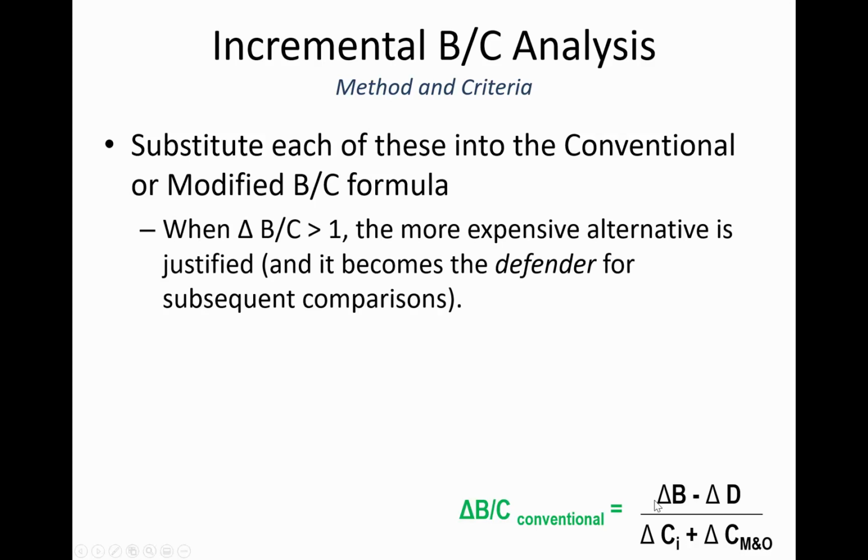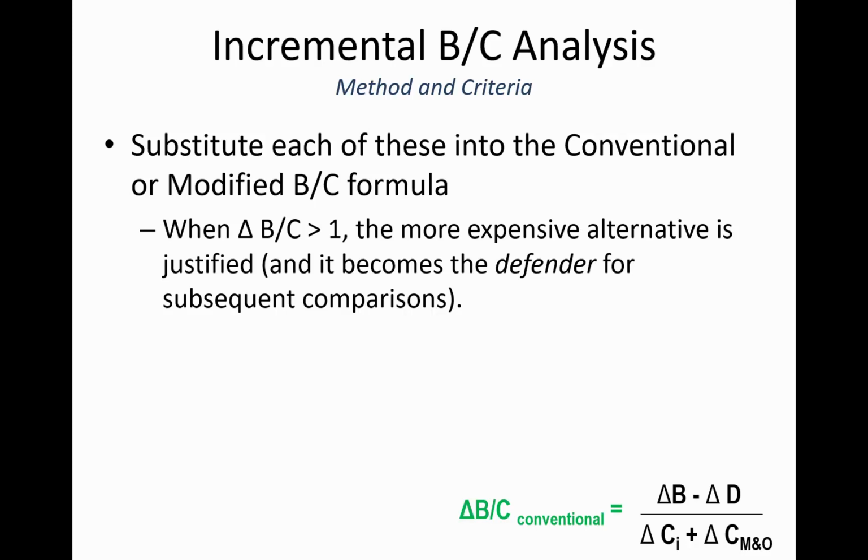And our decision criteria here is that when the incremental benefit to cost ratio is greater than 1, then the more expensive alternative should be selected, because you're getting more than $1 of benefit for each incremental increase in cost. And that's what you want. You want $1.10 of value for having paid $1.